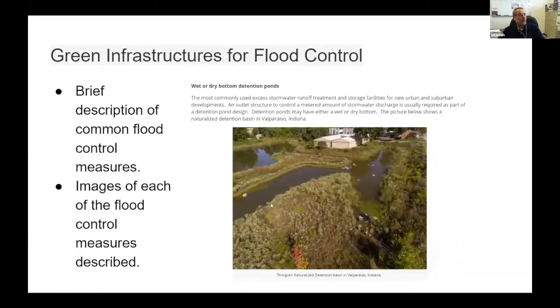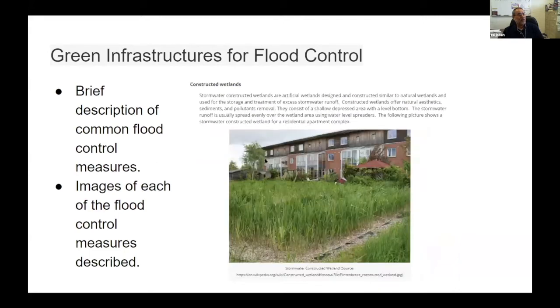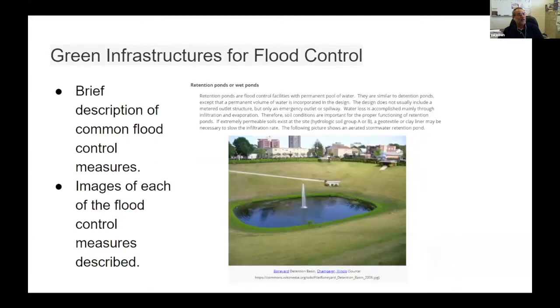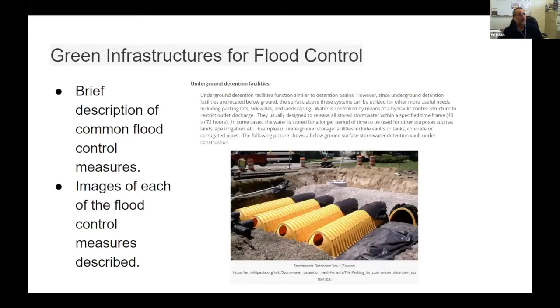And then I talk about the other different types of flood controls, from the wet or dry basin detention ponds, showing them an image, to constructed wetlands, retention ponds or wet ponds. That again describes a little about the type of soil you need to select between those different ones.